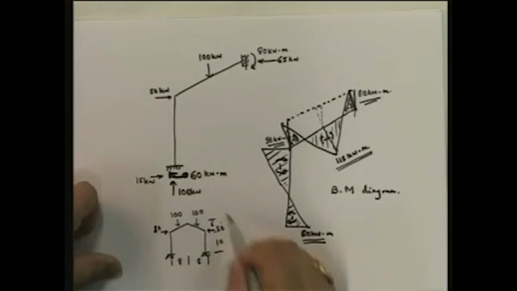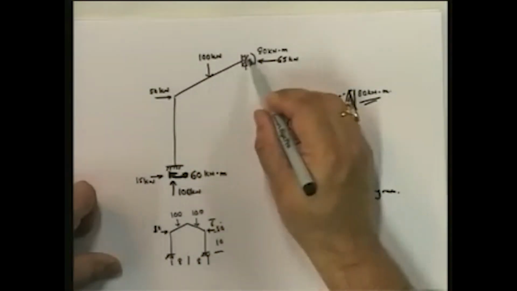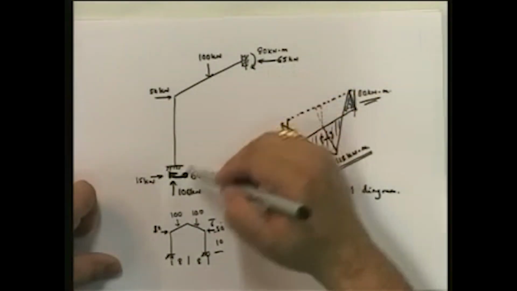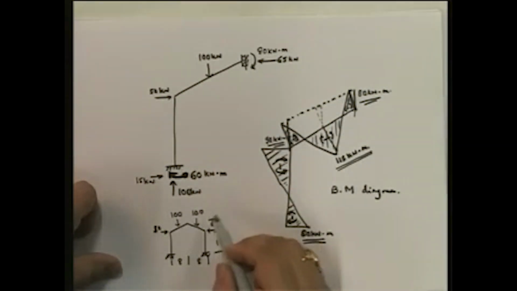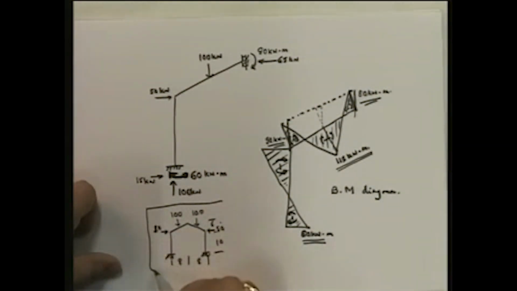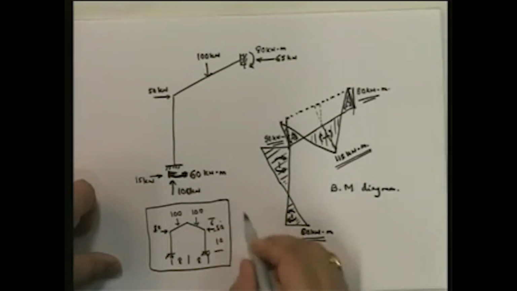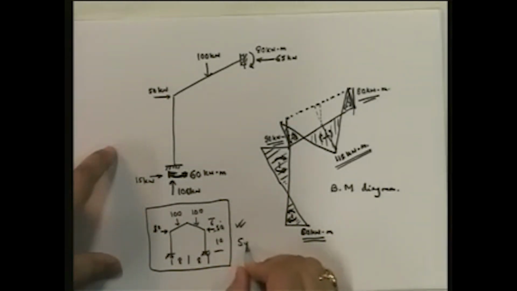If you look at this particular problem, this is a portal frame, and this portal frame by using symmetry can be simplified to this particular problem. So this particular problem that I am solving, although it does not look like a real problem, is actually a very real problem. This is a solution to this problem using symmetry.